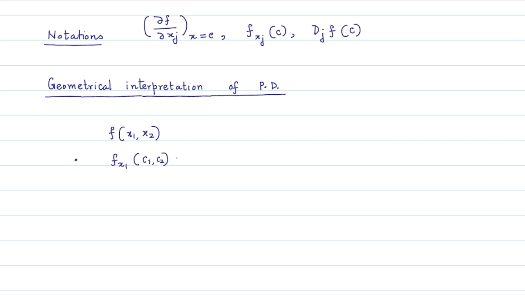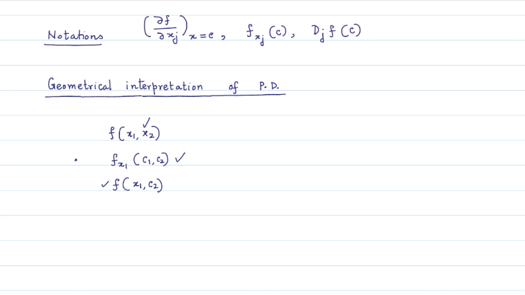While calculating this partial derivative with respect to x1, we eventually calculate the derivative of the function f(x1, c2). That means we are holding x2 at the value c2, then we get a function of one variable x1, and we compute the derivative of this function of one variable at x1 equal to c1.